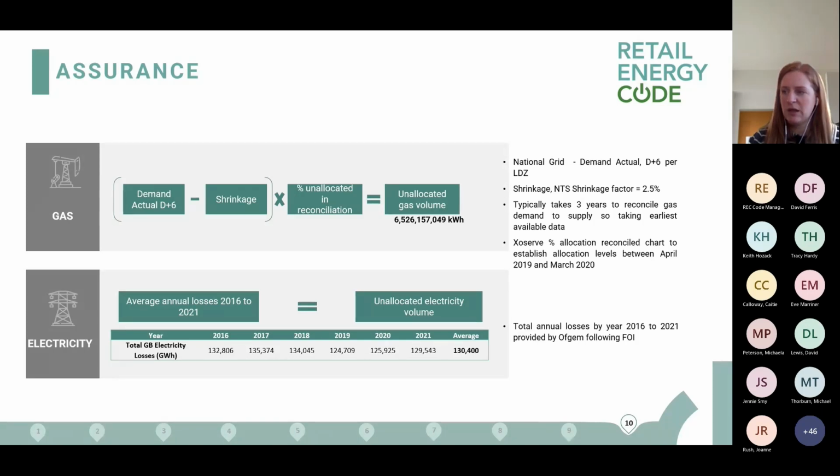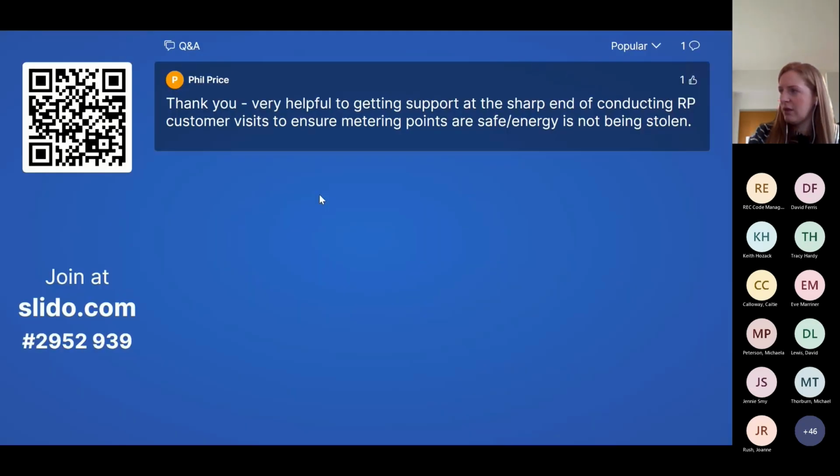And for electricity, we took the data provided by Ofgem on a freedom of information request for annual losses, and took an average of that for our electricity losses. And I believe that brings us on to questions.